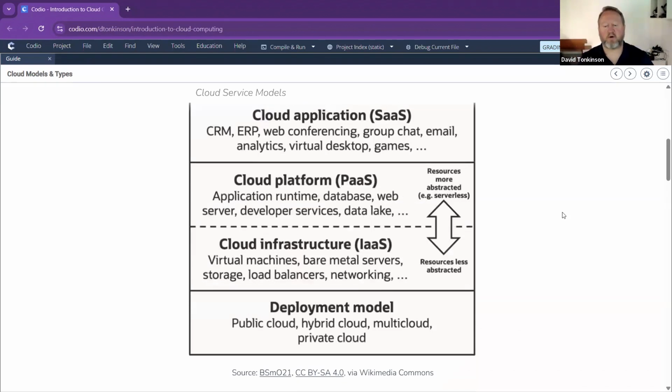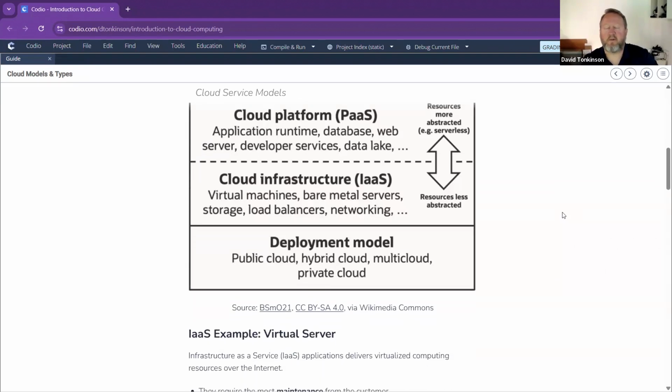So the further down that model you get, the closer you get into infrastructure as a service, the more responsibility you have in terms of how that system runs. But with more responsibility, you get more control. So I can control the operating system. I can control what versions run. I can control what drivers get installed. I can control all sorts of different things on there that I might need to.